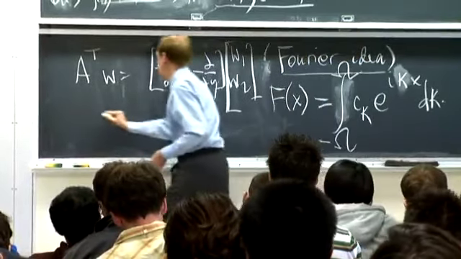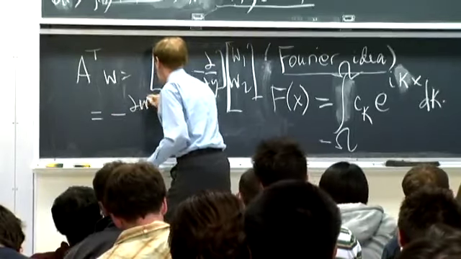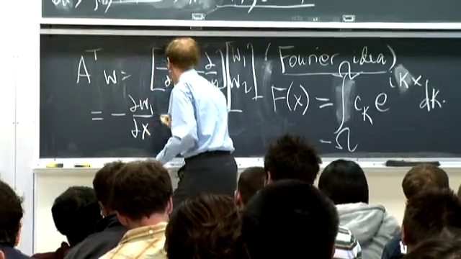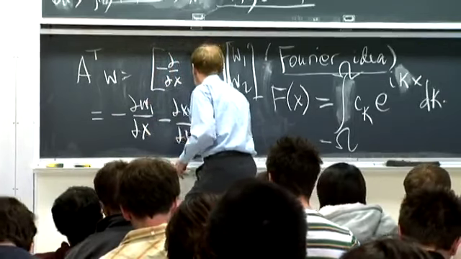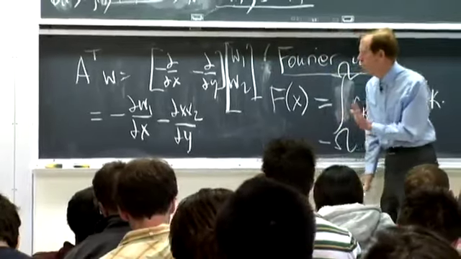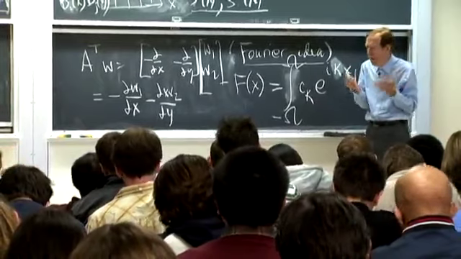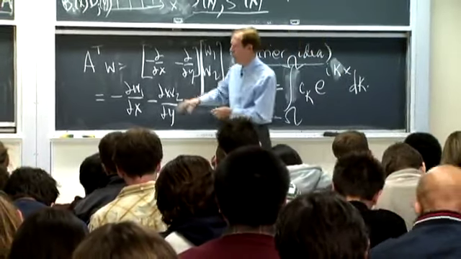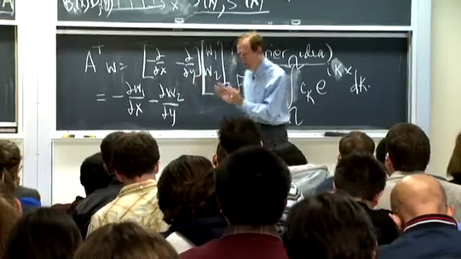And the result is just what it should be: minus dW1 dx minus dW2 dy. Okay, good. This has got to come out of integration by parts, right? So we'll have to think, what does integration by parts mean in two variables?